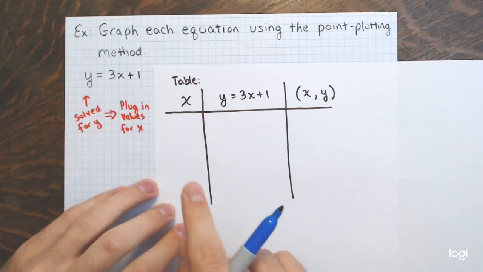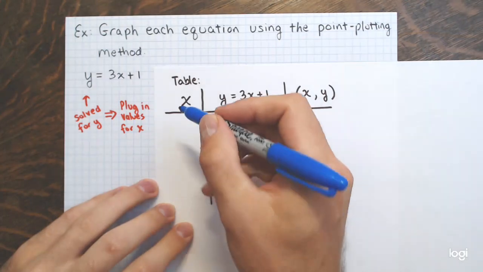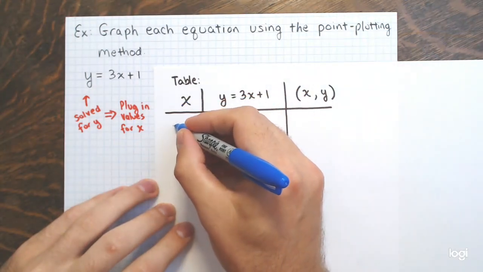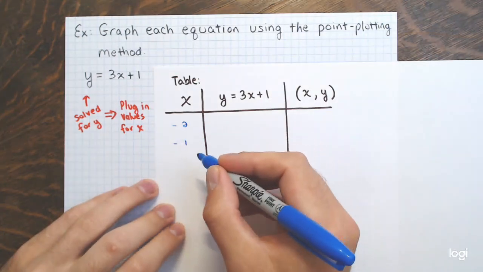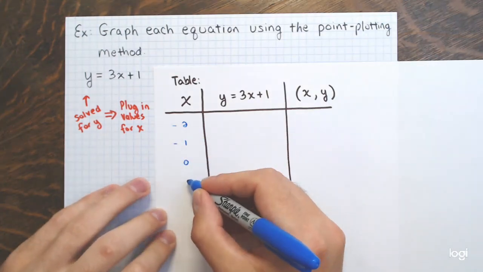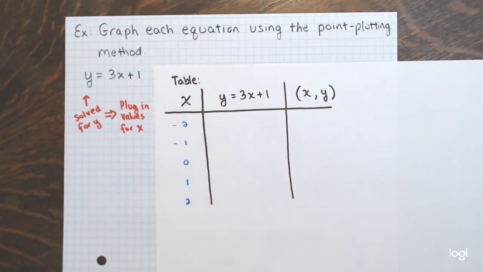I like to center around the middle, where 0 is on the x-axis. So I'll plug in these 5 values, say -2 for x, then -1, then 0, then 1, then +2. Okay, that's 5 values centered at 0.